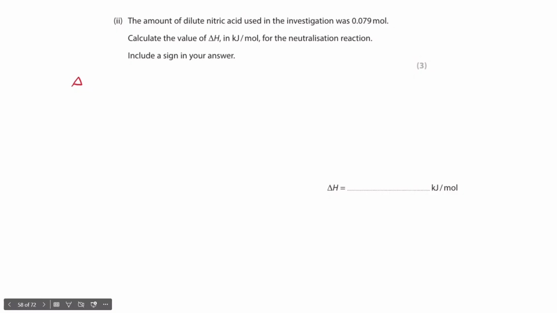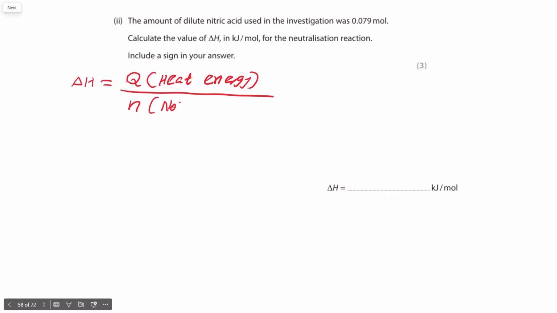To find the enthalpy change, there is an equation. The equation is heat change, which is Q, or heat energy, divided by the number of moles of the reactants.